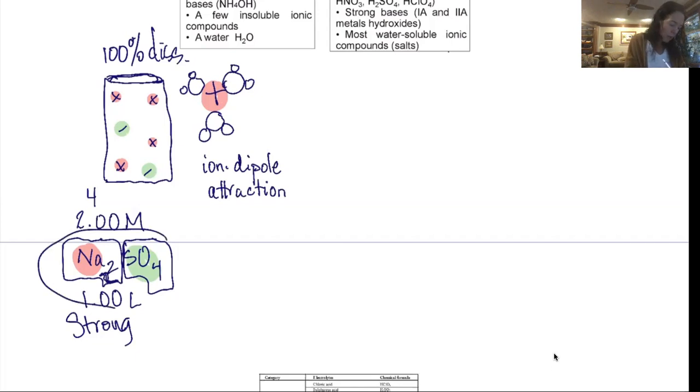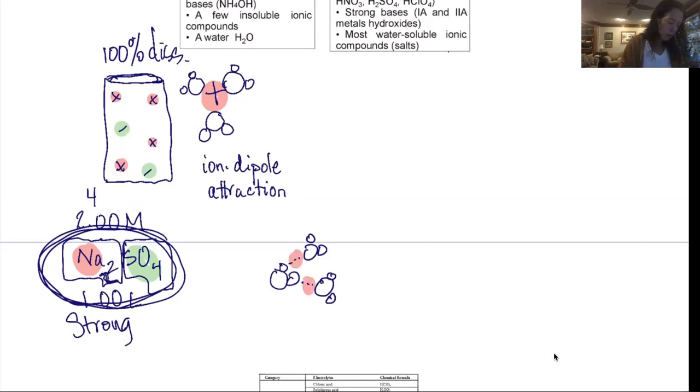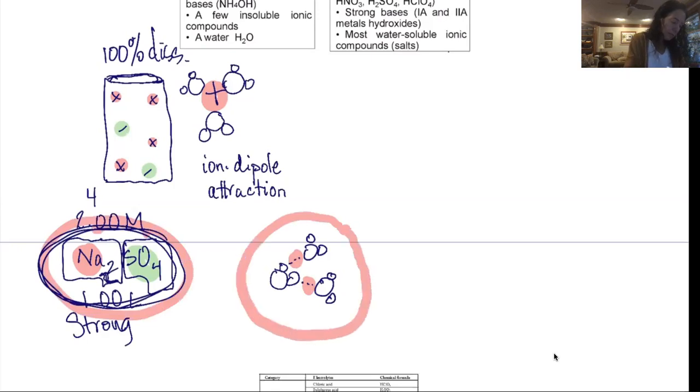Step 1, separate your solute. Step 2, get those water molecules apart from each other, right? They've got that hydrogen bonding going on. Overcome those intermolecular forces here so that we have our 3 individual molecules. And then, right, so this is step 1. To overcome these forces is step 2. And then step 3 visually is putting those together, right? And you see how this step often releases energy, right?